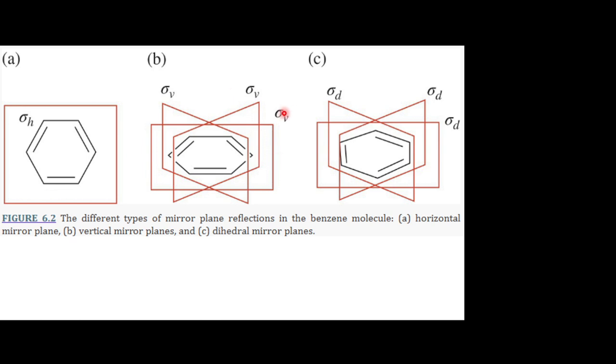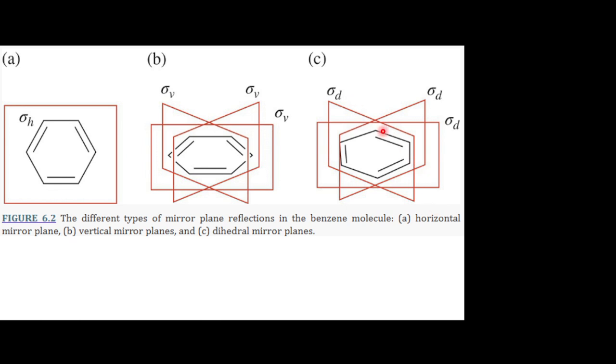This right here then is the vertical ones. Notice you have several vertical ones that are going through the atoms in this case. These are typically defined as vertical mirror planes. And if you have another one, that would be a vertical mirror plane. The ones that cut through where there are no atoms are normally what are called the dihedral ones.